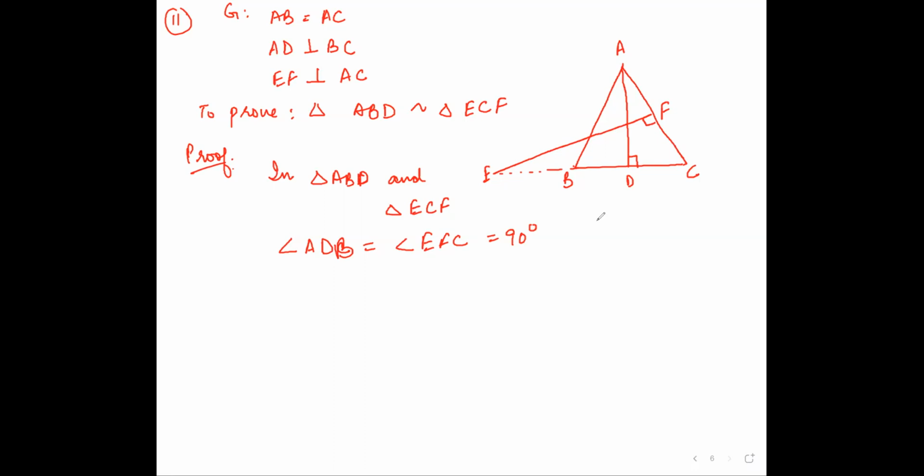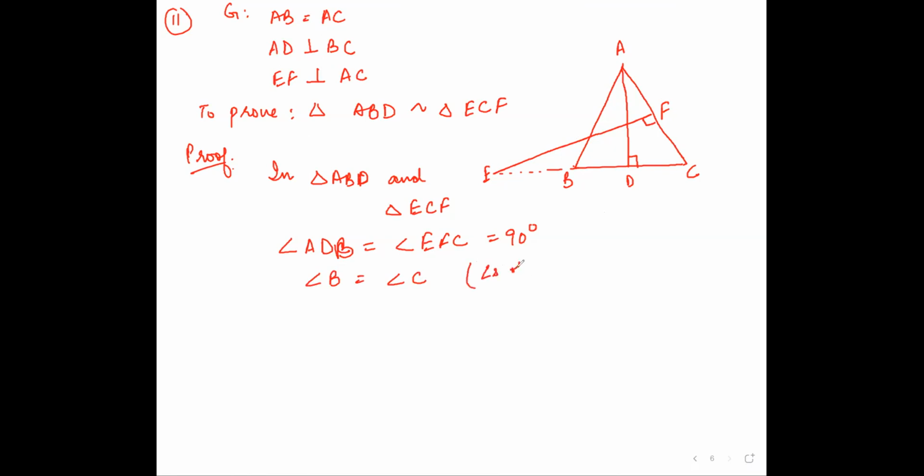Ma'am, angle ABD is equal to angle ACD, because they are the angles opposite to the equal sides. Yes, because C is forming a part of this triangle EFC. Okay, very good. So angle B is equal to angle C. Why?